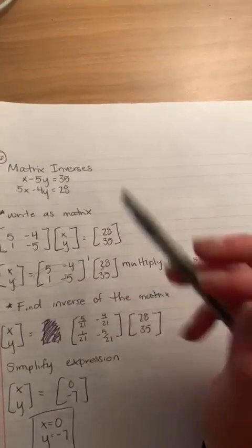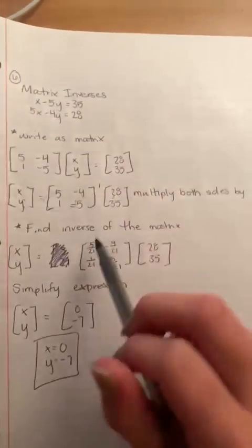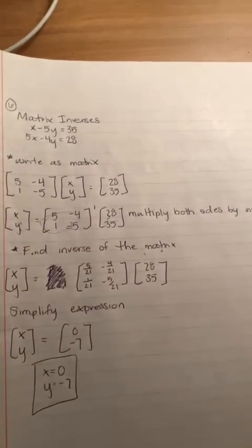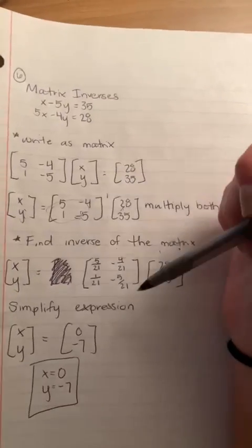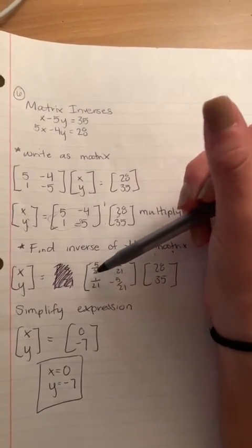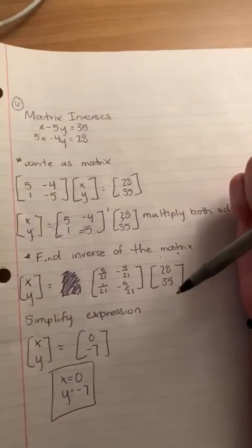So you want to multiply both sides by the inverse. When you do that, you want to find the inverse of the matrix. So this is going to happen by multiplying by what you need to make this into the inverse. So after doing the math, you find that it's 5 over 21, 1 over 21, negative 4 over 21, and negative 5 over 21.